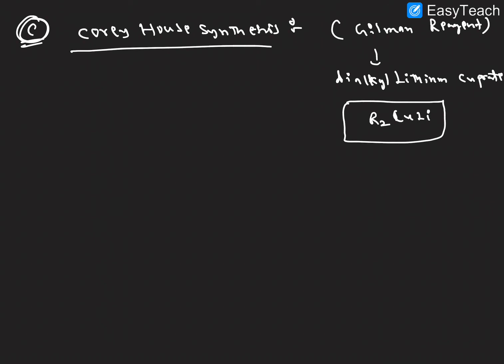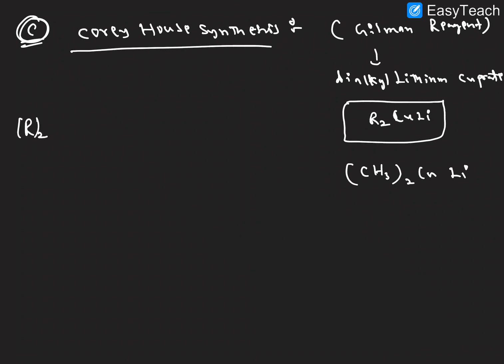So this is called the Gilman reagent. Instead of R we can take CH3 two times, copper and lithium, right? Generally we will see one reaction.